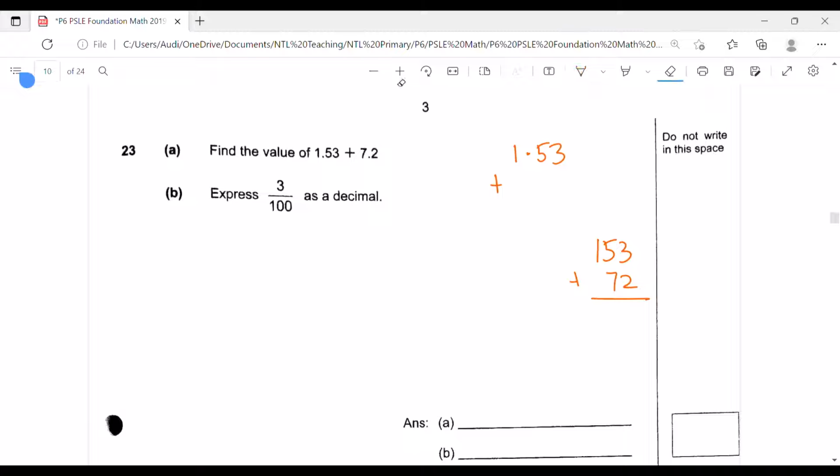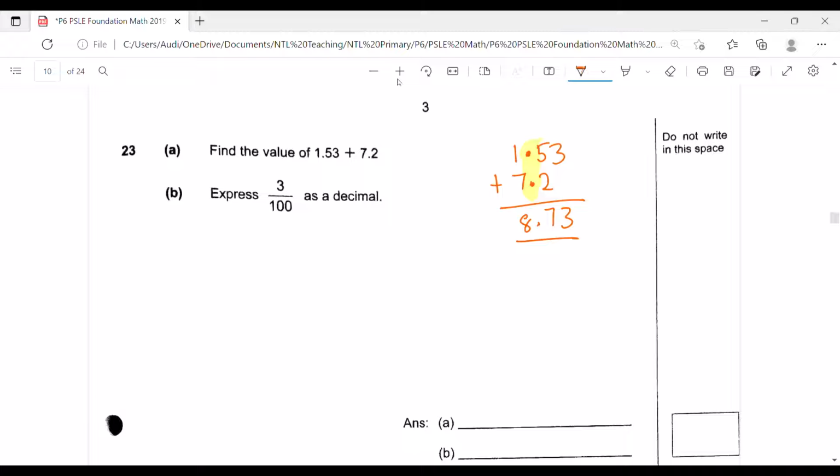But because there is a decimal place, we must make sure that we line up the decimal points. Then we can add them up. So here the answer is 8.73. The thing you want to remember is decimal points must line up and then you can add.